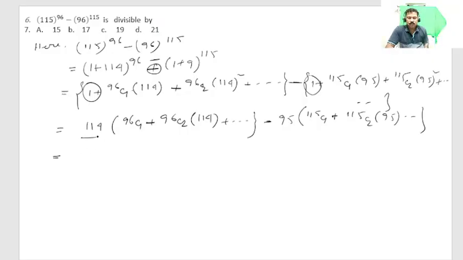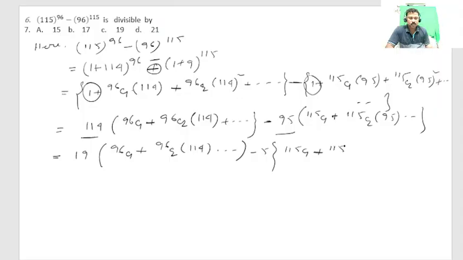If we take common from this 19, okay, here we get 96C1 plus 96C2 114 and so on minus 5, 115C1 plus 115C2 into 95 and so on.